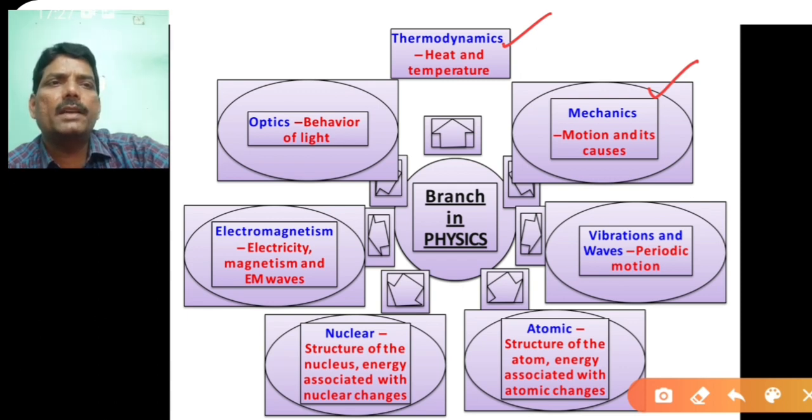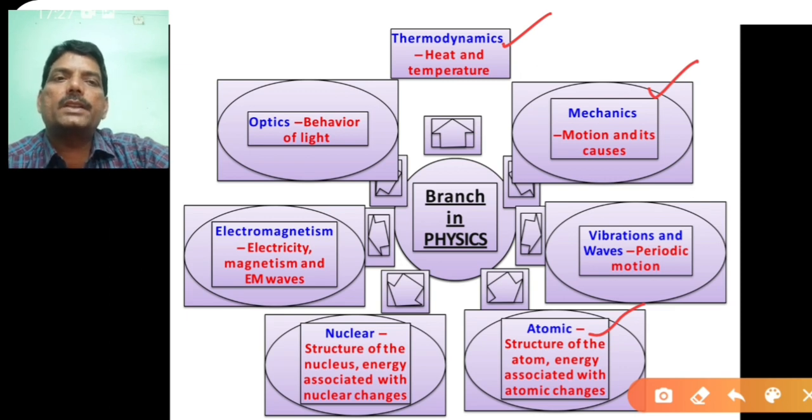Third one, vibrations and waves. That is periodic motion. You have studied different types of motion also; in case of periodic motions, vibrations and waves, this is again a branch of physics. Then atomic physics: the structure of atom, energy associated with atomic changes.